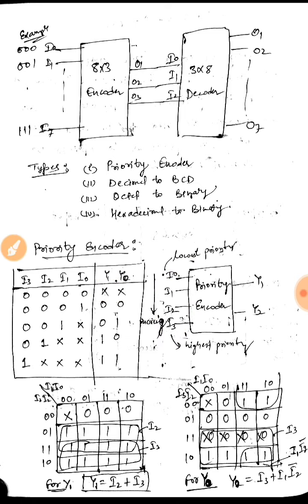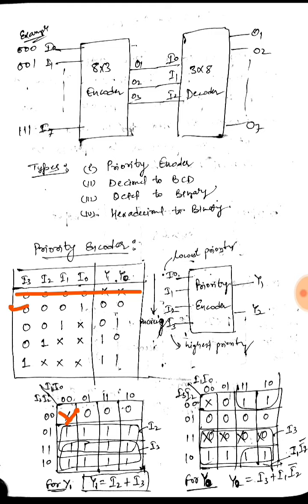Okay, so now let's make the K map for our outputs Y1 and Y0. So this one is for Y1, and the four variables are I0, I1, I2 and I3. For the first case, when all of them are 0, it would be a don't care.